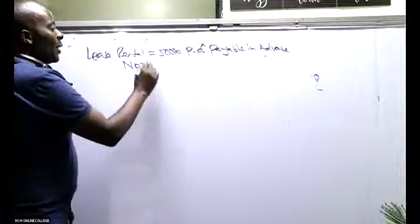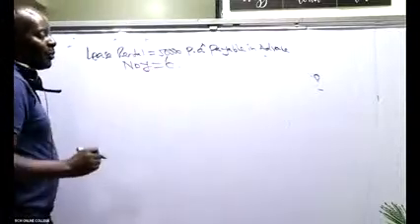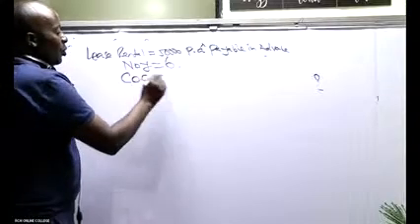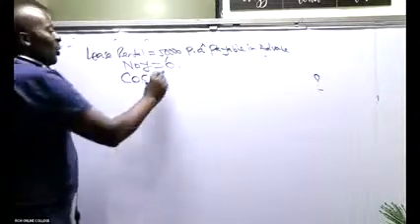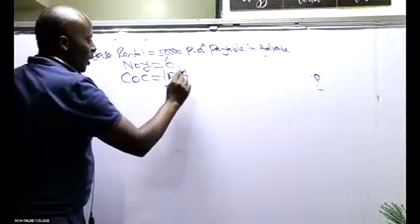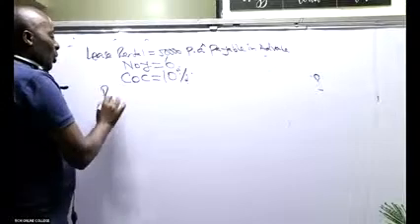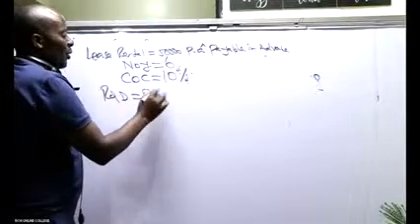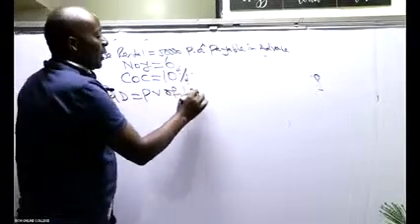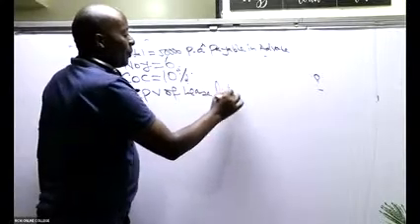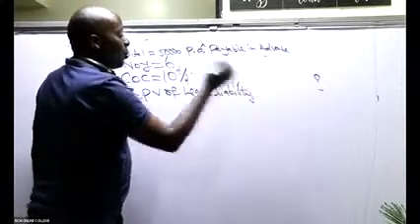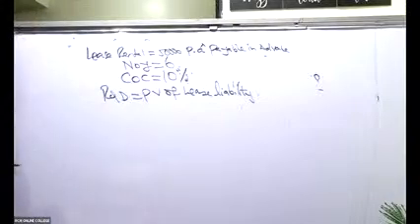Number of years is 6, for example. They'll give you the cost of capital, let's say 10%. And then you'll be required to give the present value of lease liability, or present value of lease rentals.